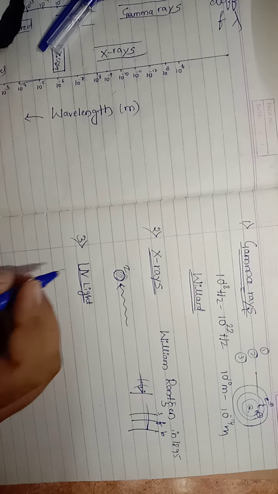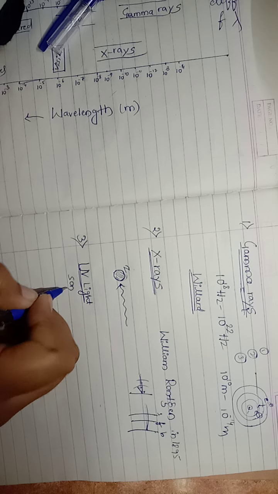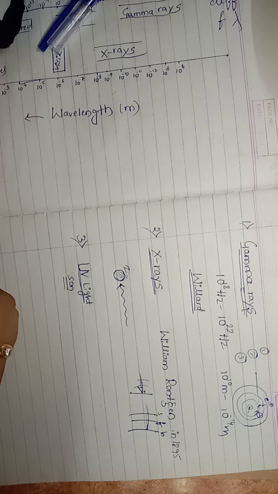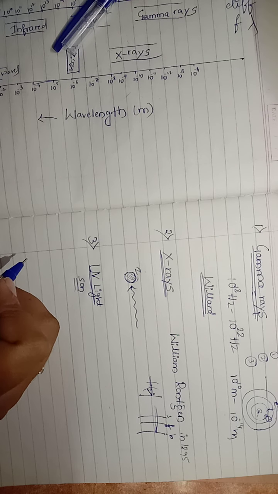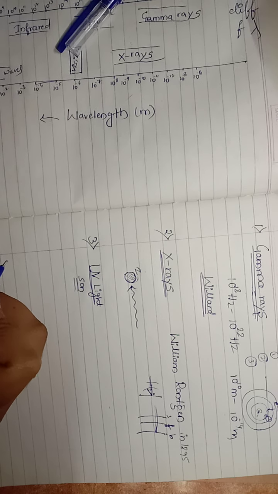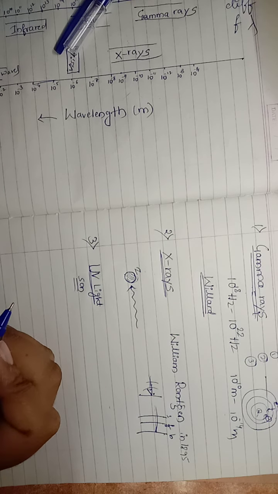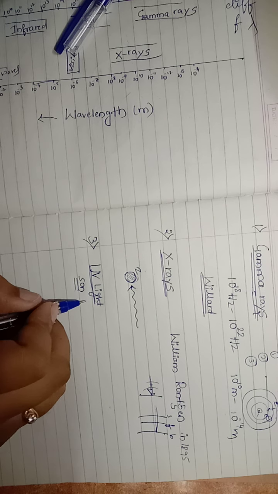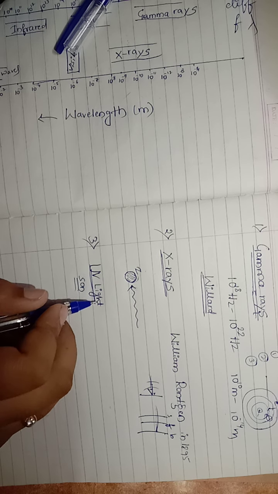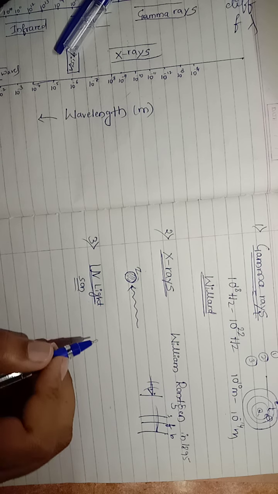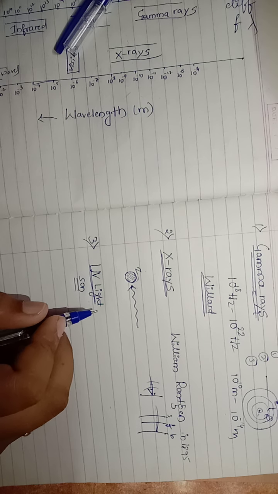The main source of ultraviolet rays is the sun, or also some welding arcs. In mechanical shops they have welding arcs, and there also ultraviolet light can be produced. But ultraviolet rays are very dangerous for human beings. If you expose yourself to ultraviolet light for a longer time, you may get cancer also.